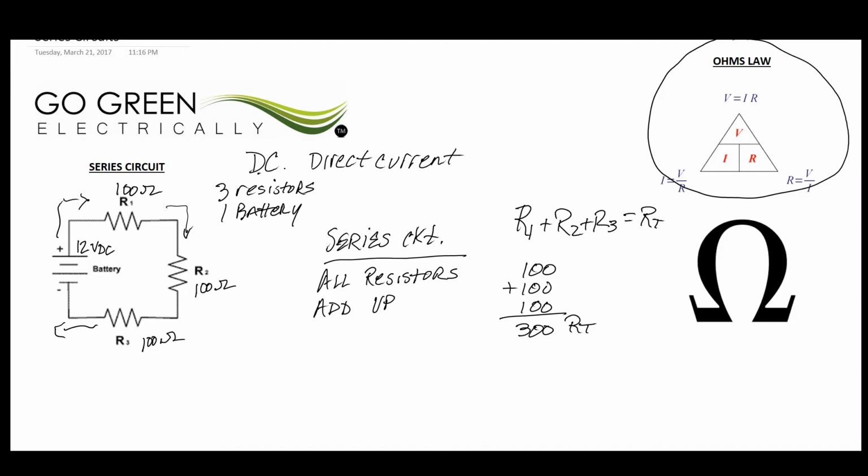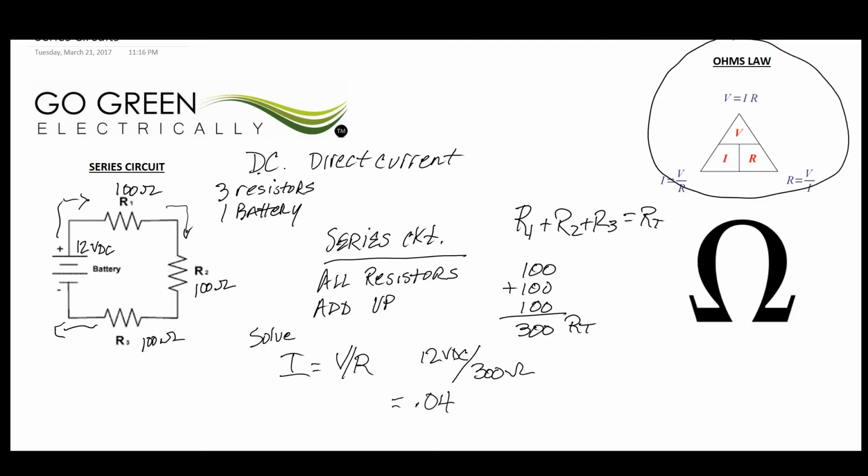The unknown that we don't know in this particular circuit is I. We know what V is, and we know what R is, and we want to solve for I. Therefore, we're going to take 12 volts DC divided by 300 ohms, which gives us 0.04 amps.